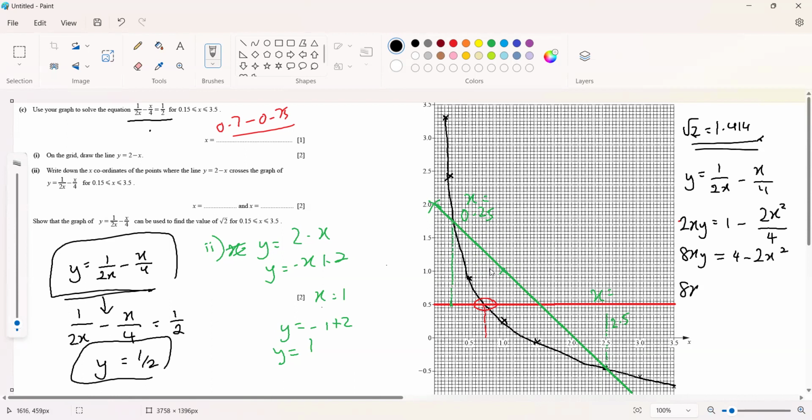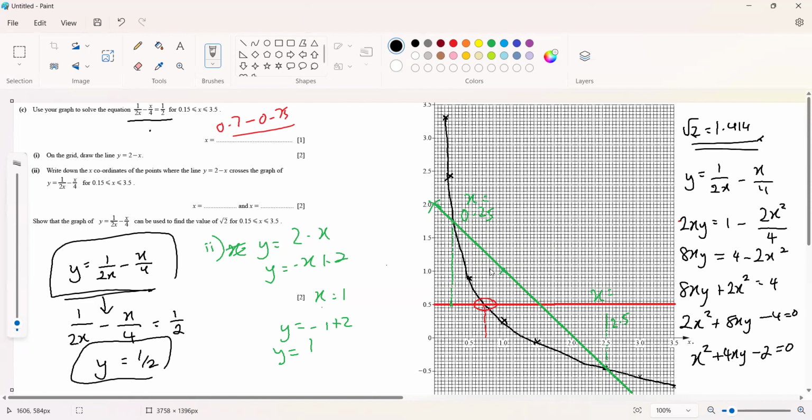Rearranging, 8xy plus 2x squared equals 4. So 2x squared plus 8xy minus 4 equals 0. Dividing everything by 2, x squared plus 4xy minus 2 equals 0.